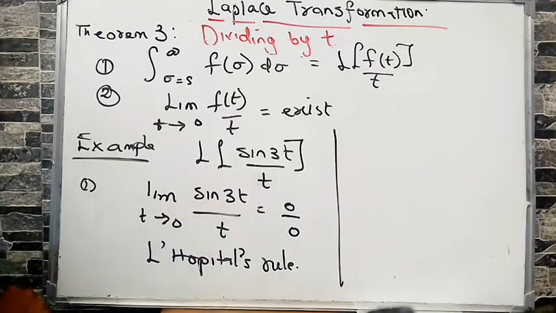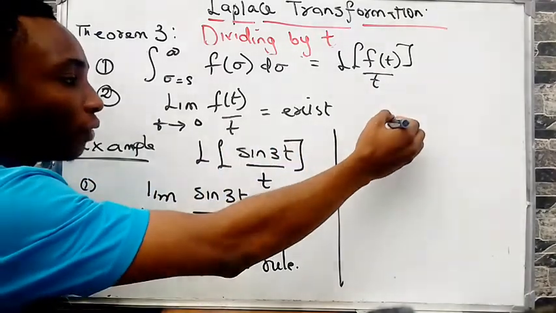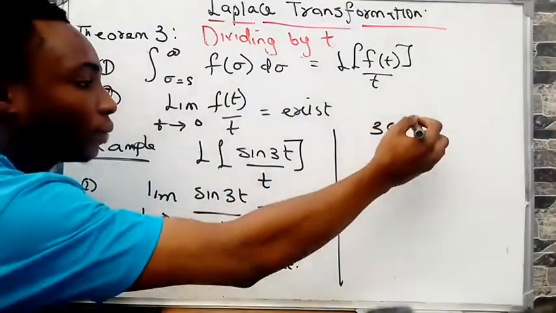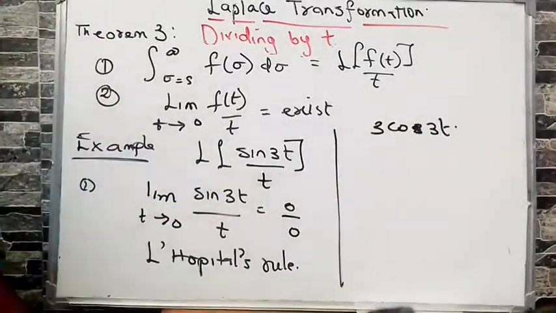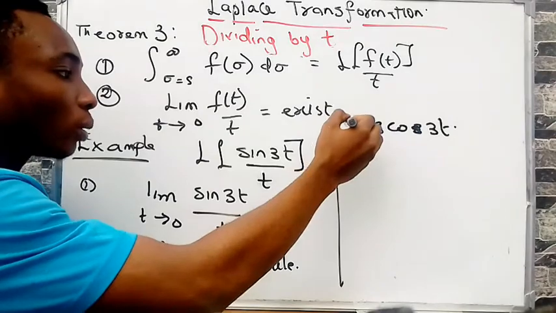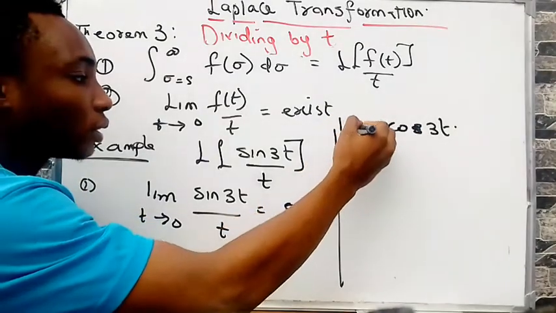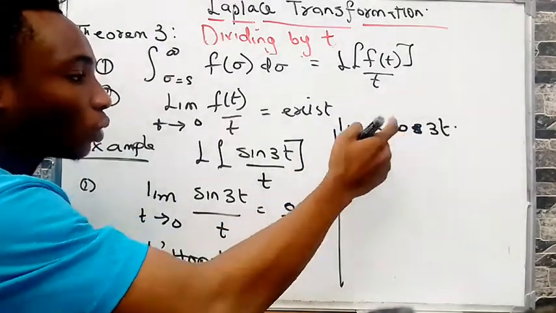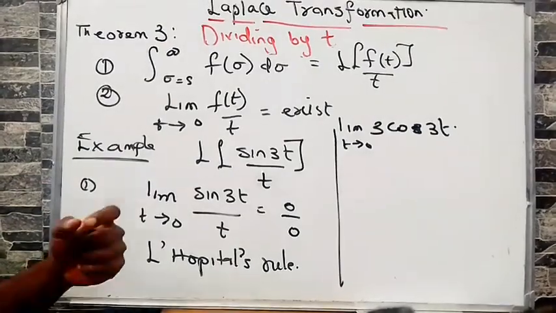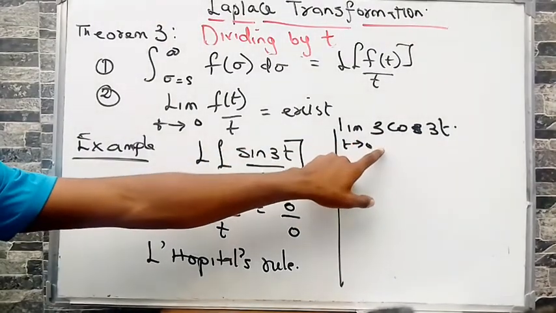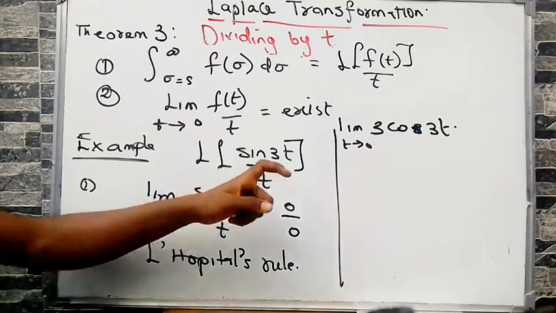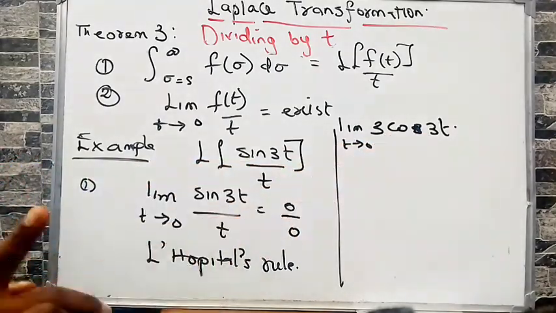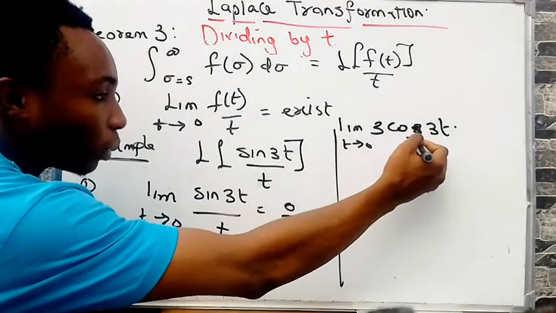Differentiating sine 3t, I'm going to be having 3 cos 3t. Differentiating t, I'm going to be having 1. So this is the limit when t tends to 0 of 3 cos 3t divided by 1, because I've applied L'Hopital's rule.